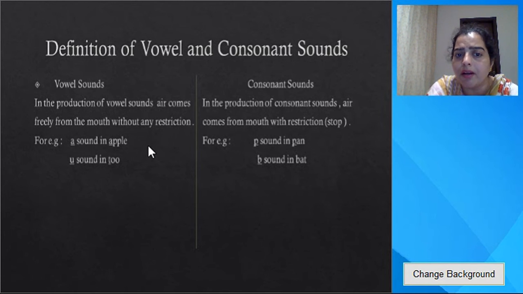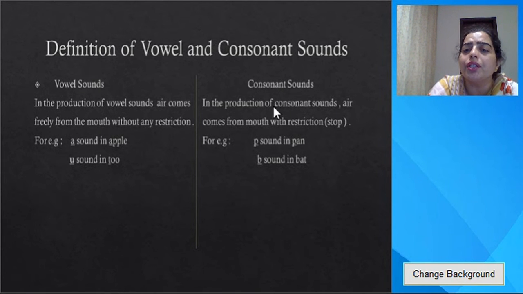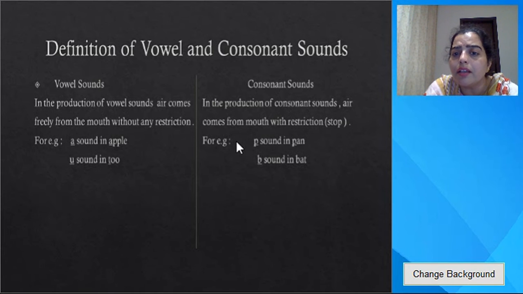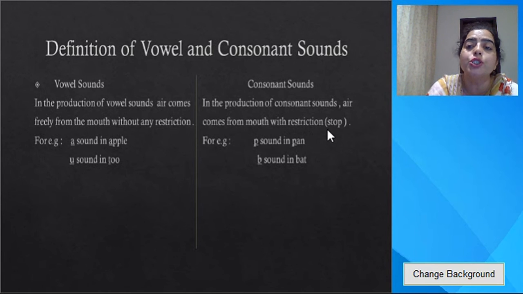For example, e, u, etc. But in the production of consonant sounds, air comes from the mouth with restriction, with stoppage. In the organs of speech, you feel some hindrance, you feel some stoppage.